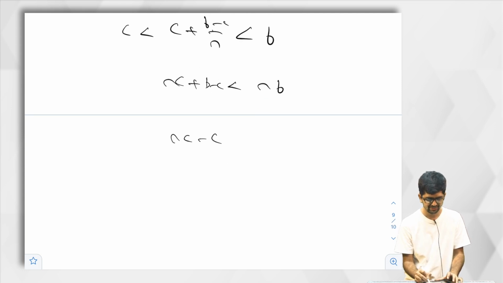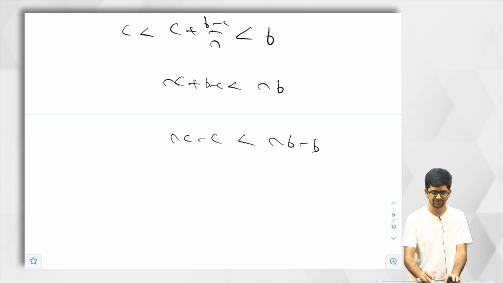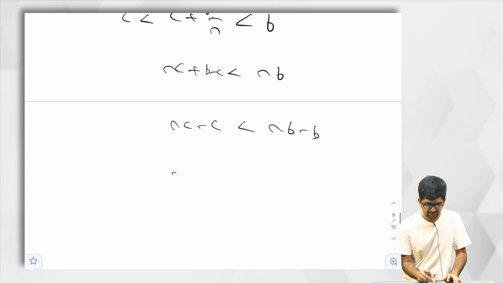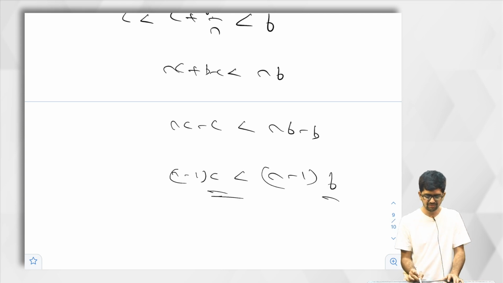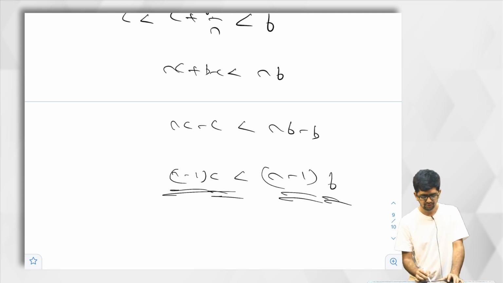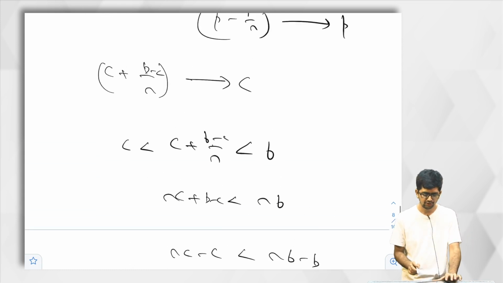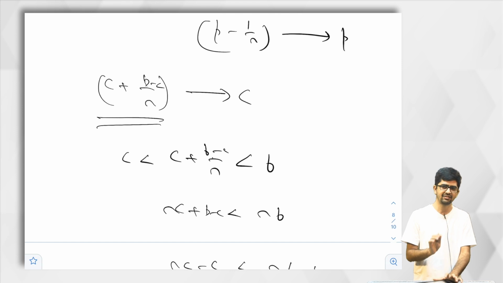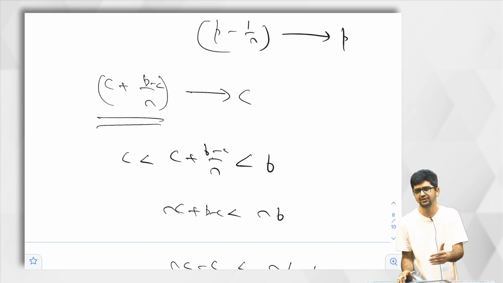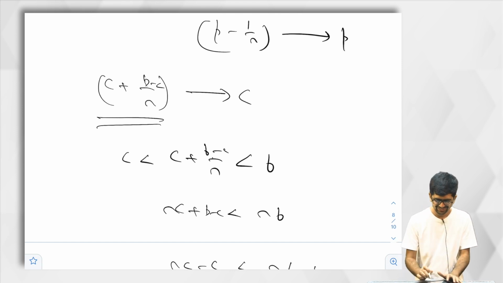So we have nC minus C less than nB minus B, and this is always true because C is less than B. If you want one more step, n minus 1 times C is less than n minus 1 times B. C is less than B, and n minus 1 is a natural number, so if I multiply by any natural number, the order does not change. So because C is less than B, this holds. So this sequence is the correct sequence that is useful for us now.